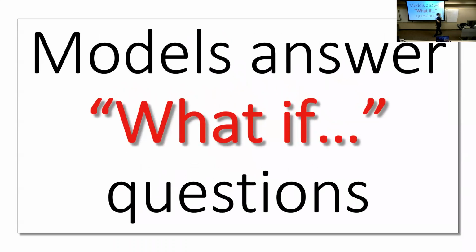I don't want you to think model must mean math. I don't want you to think model must mean simulation. I just want you to think model is a what if question. And so it could be a physical object in front of you. What if I had a bunch of gears and I put them together in this particular way? Well, that's a model of what might happen if you generalize that experience to other mechanical objects and so on.